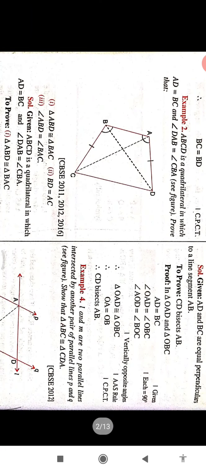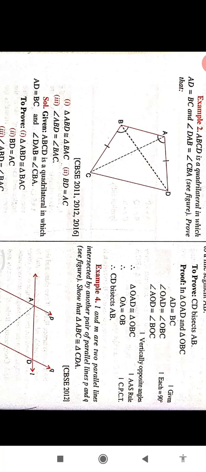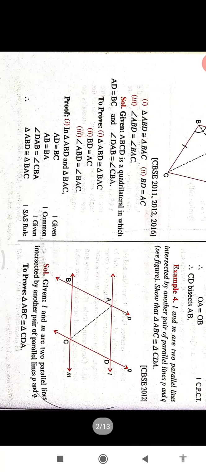Now draw the quadrilateral ABCD in your notebook. Draw the two diagonals AC and BD in dotted lines. Make a mark on AD and BC because AD equal to BC is given in the question, and we have proved these three results.